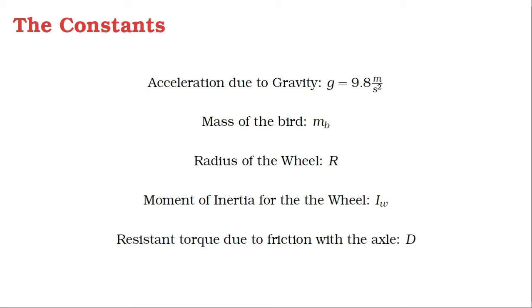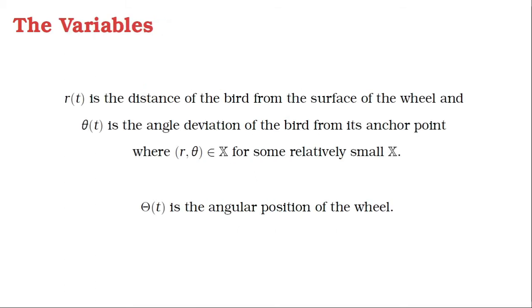Our derivation also involves multiple inputs, including r of t, which is the radial distance of the bird from the wheel rim over time, and lowercase theta of t, which is the angle deviation of the bird from its anchor point. These two input functions must be bounded due to the bird's physical limitations. Our output is cap theta of t, the angular position of the anchor point on the wheel, with our reference being at the top of the wheel.